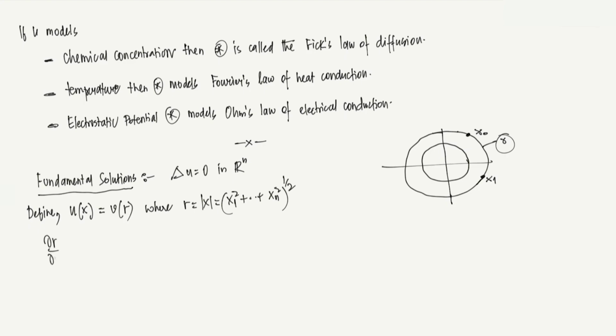Now if that holds, let's first look at this particular thing: what is del r by del xi? r is a function of x1, x2, ..., xn. If x1, x2, ..., xn change, r also changes.